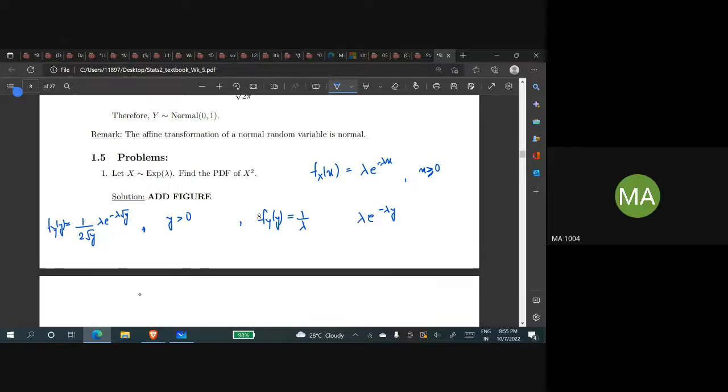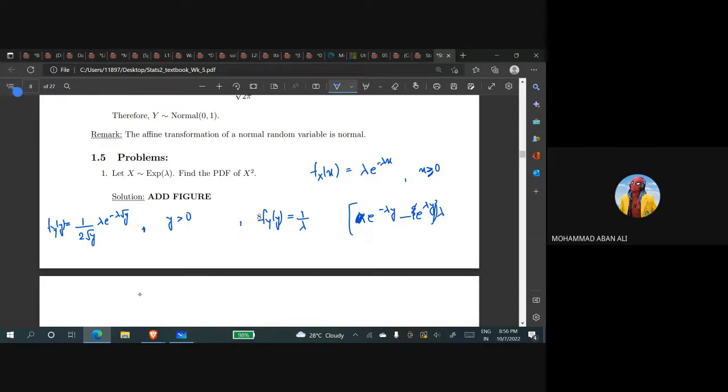The whole expression into lambda, and the first e power minus lambda y doesn't have lambda.